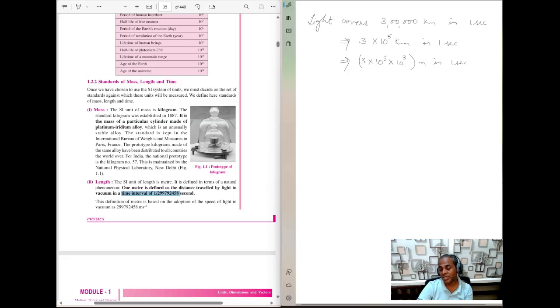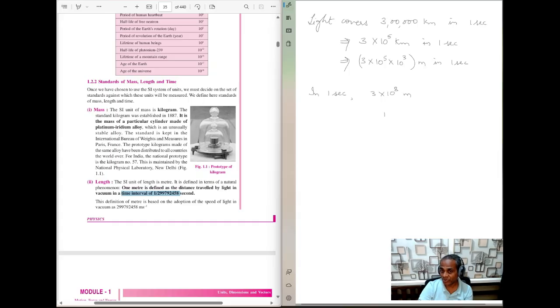Correct? Now, we want to see what is the definition of 1 meter. So let us say I write, in 1 second, distance traveled is 3 into 10 raised to 5 into 10 raised to 3, which is 10 raised to 8 meters.